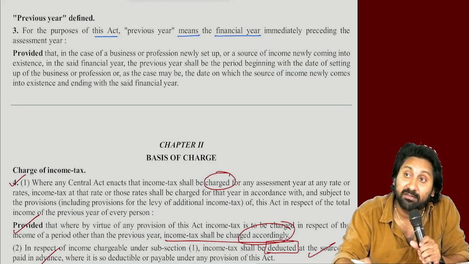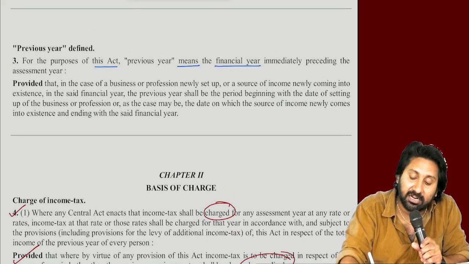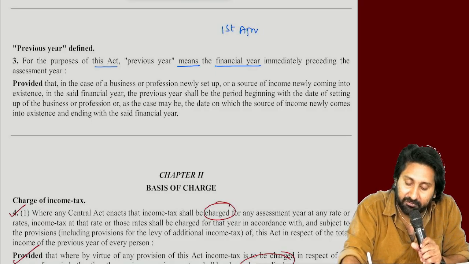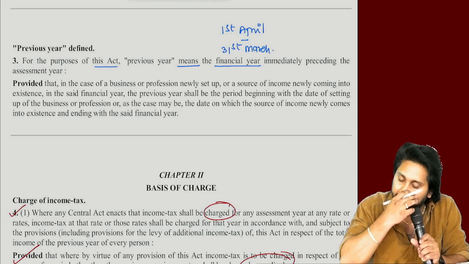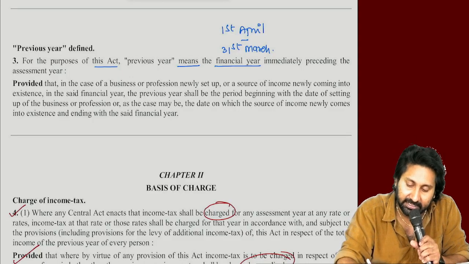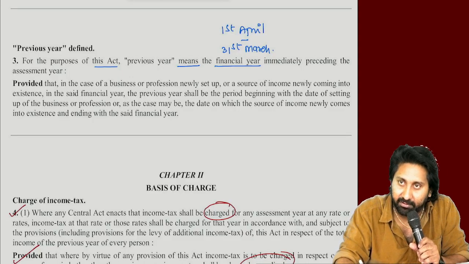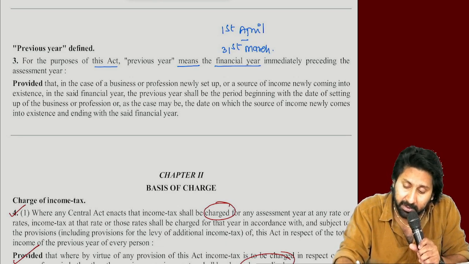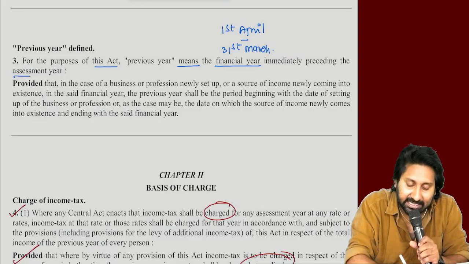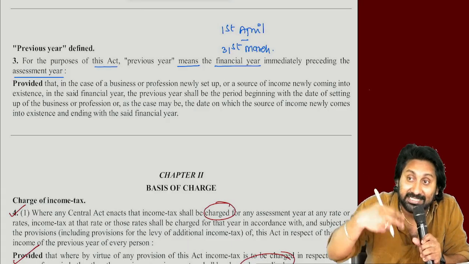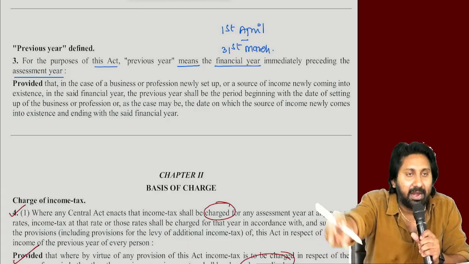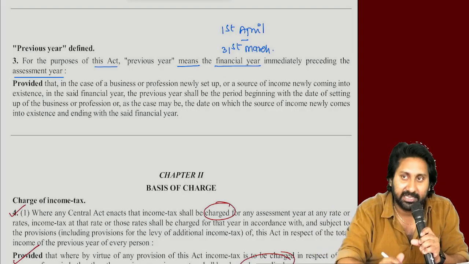A financial year starts from 1st of April and continues up to 31st March of the next year. Which financial year? The one immediately preceding the assessment year. That's why the immediately consecutive year is called the assessment year, and the immediately preceding year is called the previous year.